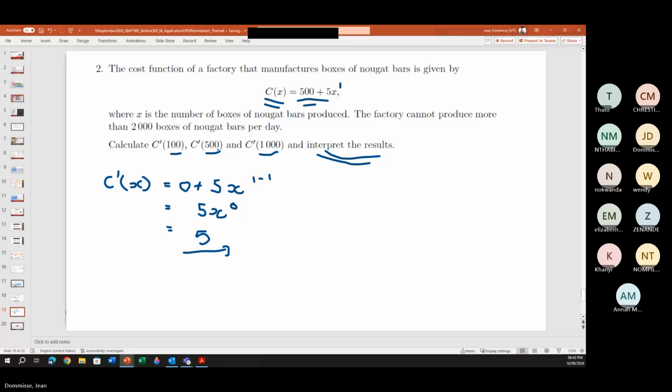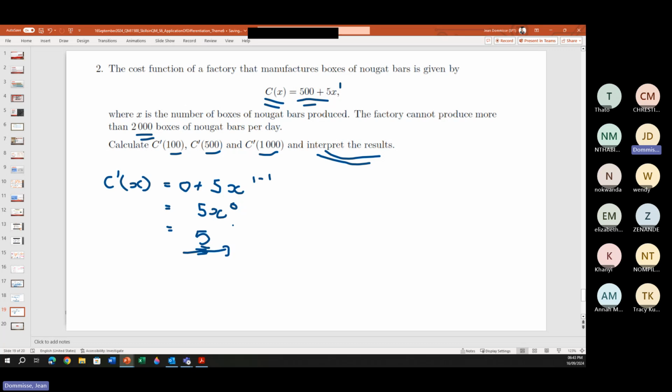So it actually doesn't matter if we produce 100, 500, or 1,000. Our marginal cost will stay at 5. So what that tells us is let the factory make 2,000, because it doesn't matter if we are producing 100, 500, 1,000, or 2,000, our marginal cost will stay at 5 Rand.